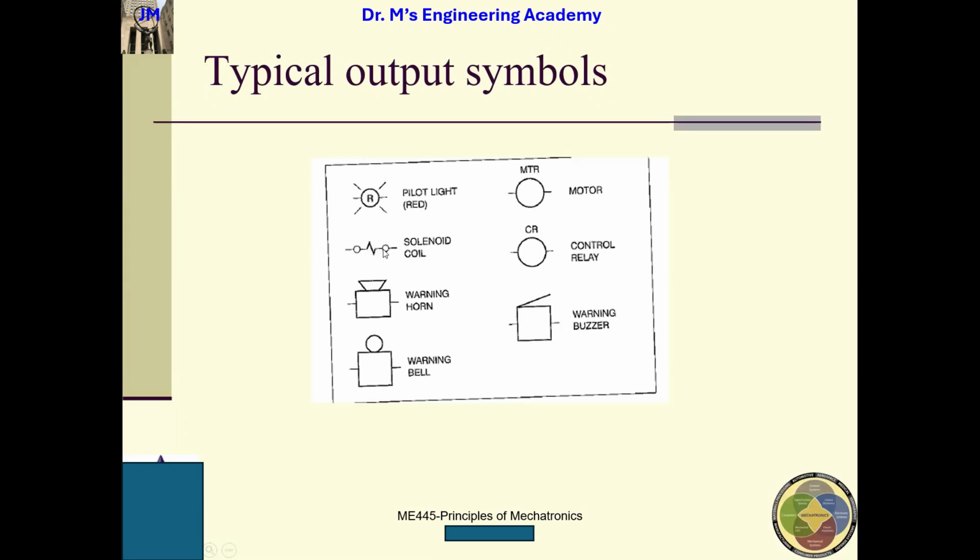Whenever you see this sign, it means the solenoid. This is a warning horn, this is a warning bell, and the last one is a warning buzzer. We do not have these 3, but we know the pilot light. We have 3 pilot lights, we have solenoid, we have control relay, and also motor. Questions regarding this slide?